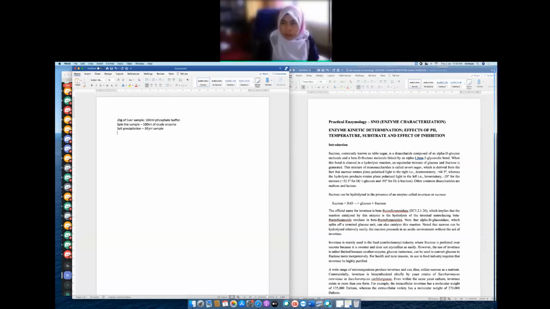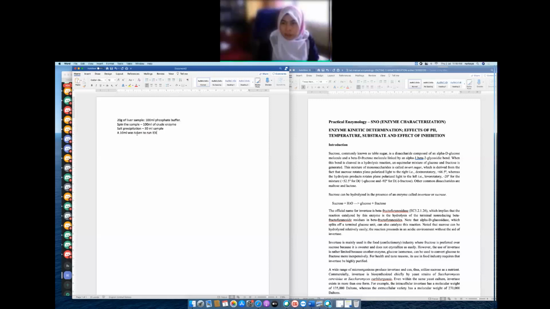So after that, from that 30 ml, 10 ml was taken. Okay, a 10 ml sample was taken to run IEX, ion exchange chromatography.